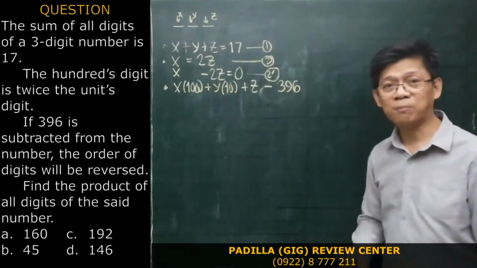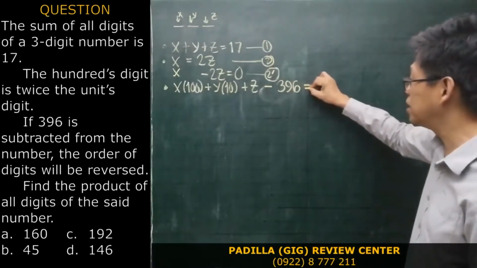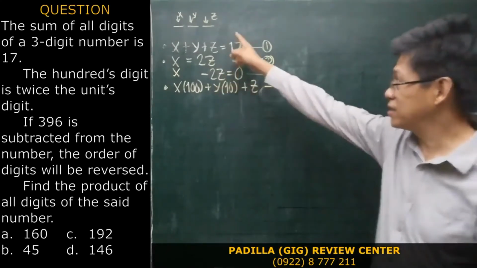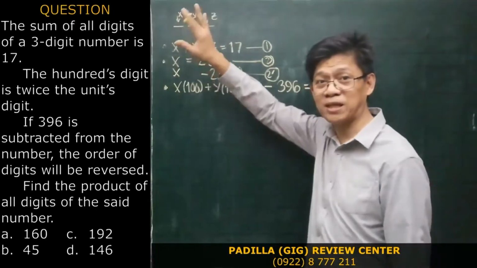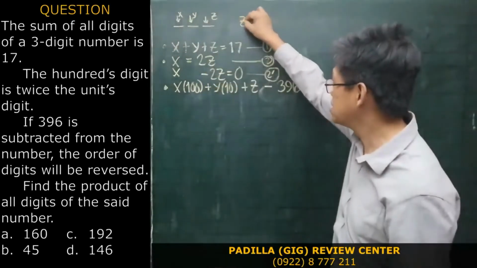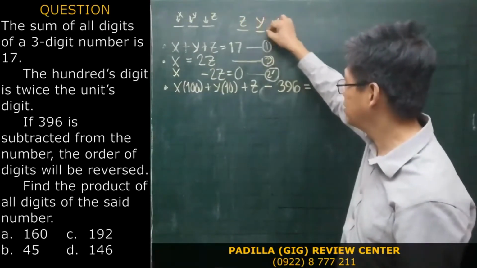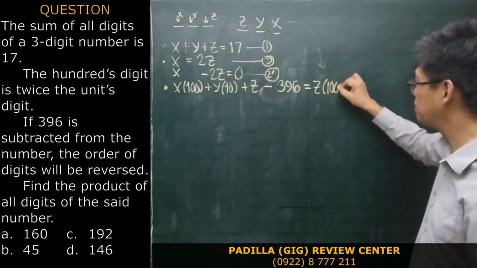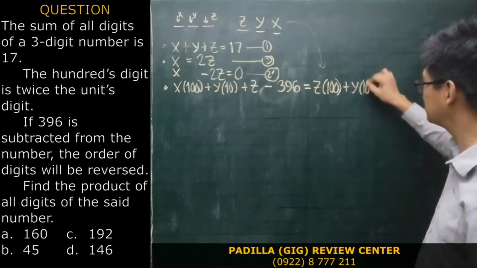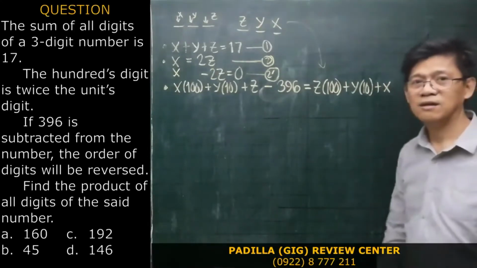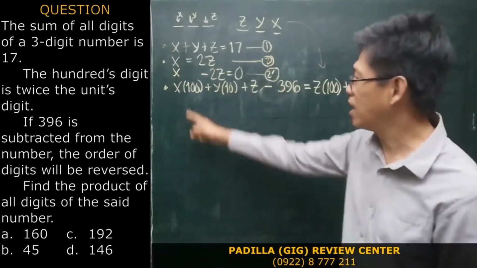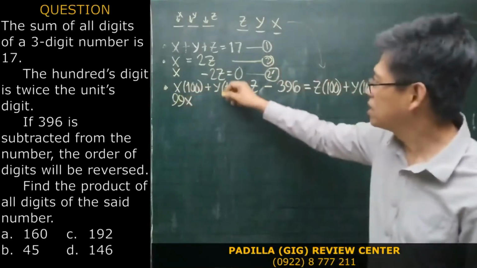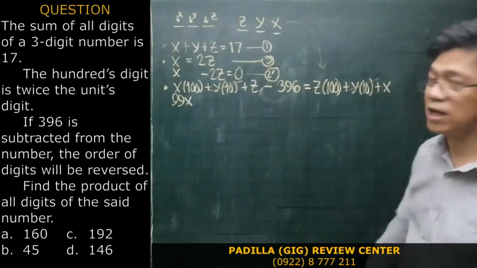The problem says the order of the digits will be reversed. Meaning the answer to this is these same digits but reversed in order. That is Z, Y, X. In equation form, that would be 100Z plus 10Y plus X. So you simplify this: 100X minus X, that's 99X. 10Y minus 10Y cancel.